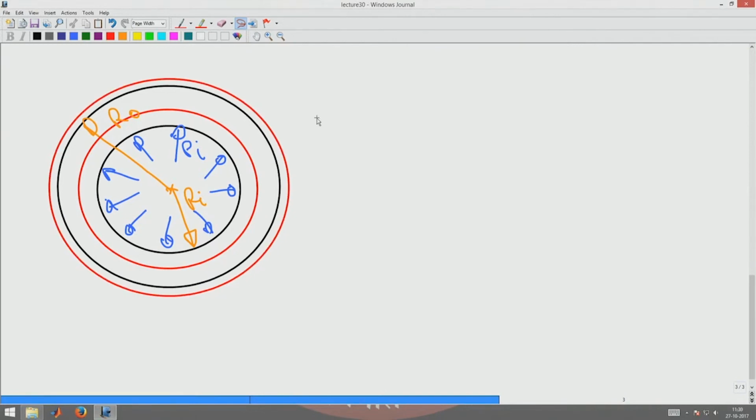The displacement of the inner circle radially outward need not be the same as the displacement of the outer circle in the same radial direction, that is, this distance and this distance need not be the same because the cylinder thickness can change due to the application of the inside pressure. So that is the first observation.